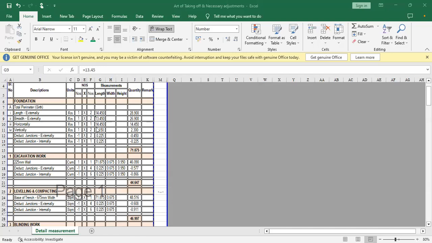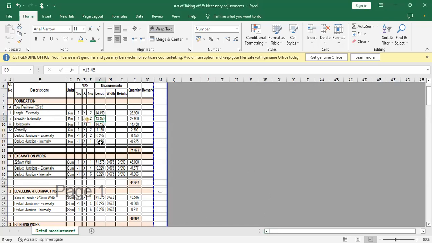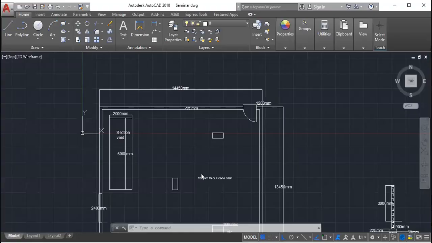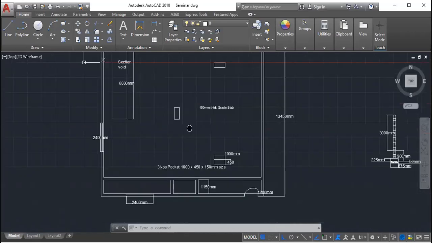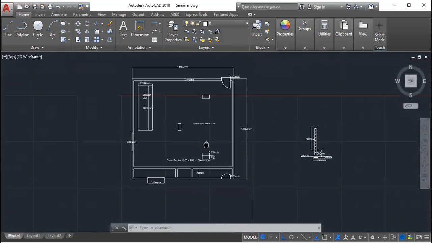Now, the first fundamental thing for us to do is to calculate our main girth. So we take our length of 14.45 in two places, one in the north, one at the south for our external wall.